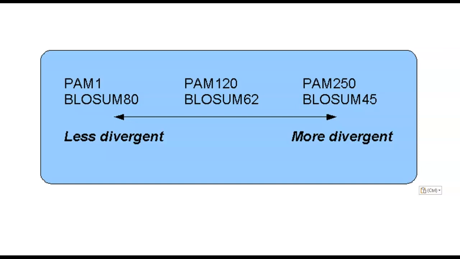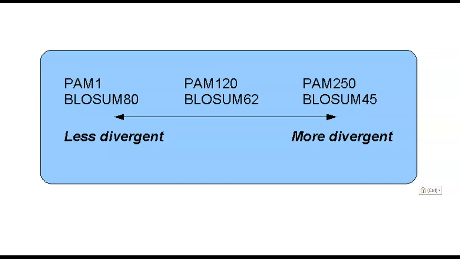The PAM system has been around for a long time. It's been used, I think, since the 70s. I believe it was Margaret Dayhoff who did some of the work on identifying some of these mutations in protein families. But basically, the gist of the difference is that PAM, which stands for percent accepted mutation, has to do with the relative amount of mutations per 100 amino acids.